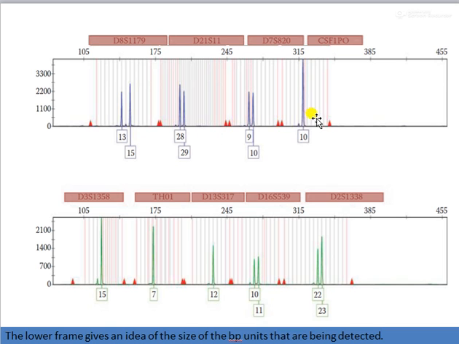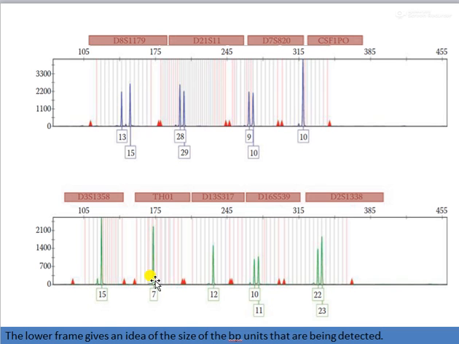So if you look at this locus, D3S1358, you can see that you have only one peak over here. Another one is a short peak, which is not of much intensity, and there is only one peak. That means he has two alleles, but with the same number of repeats.